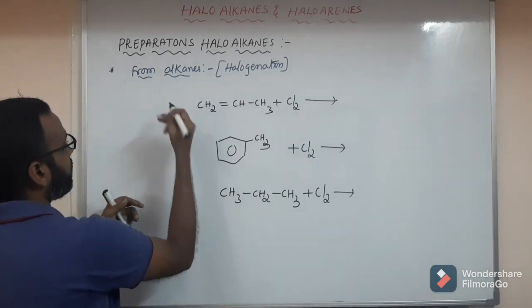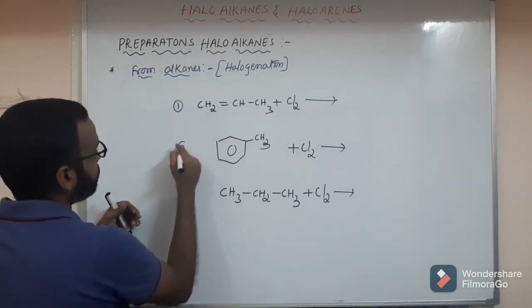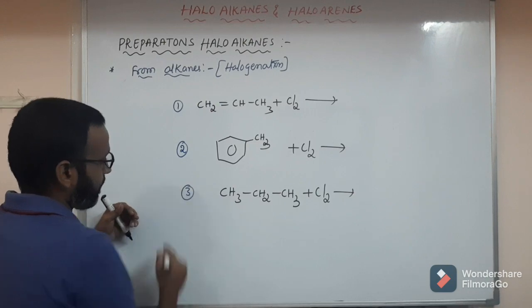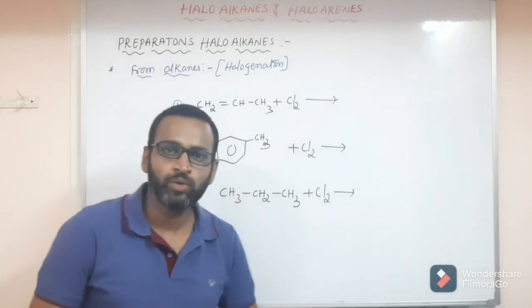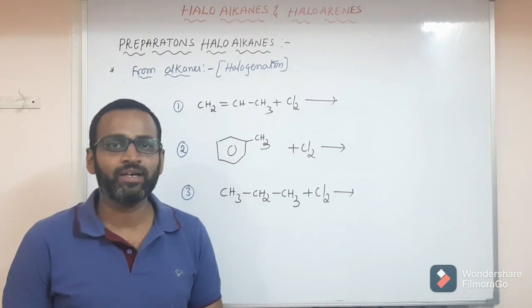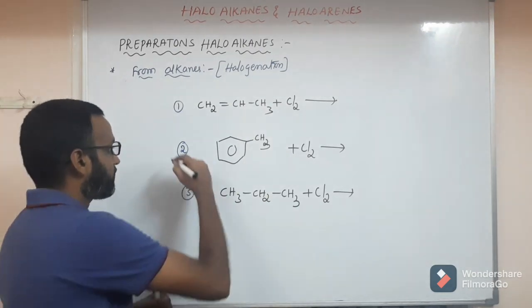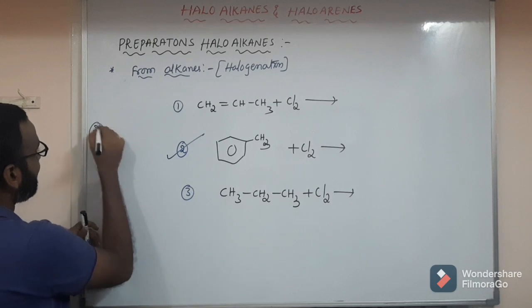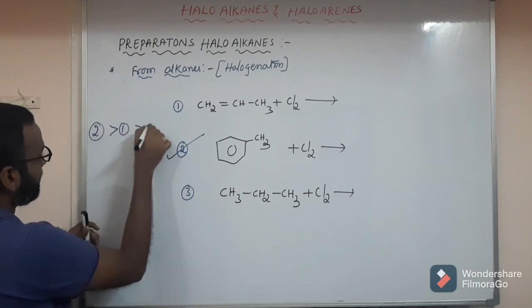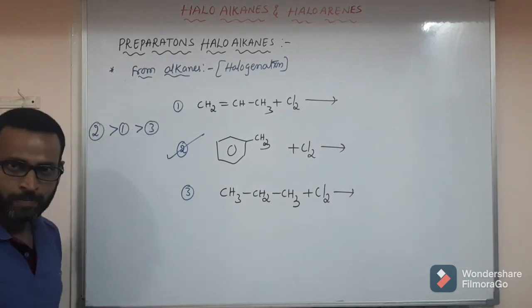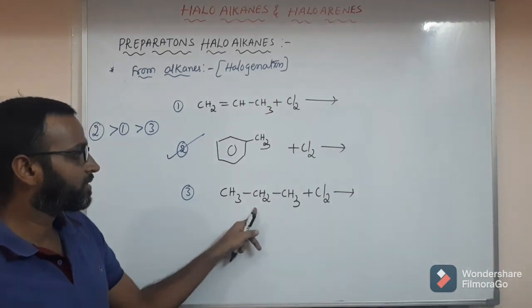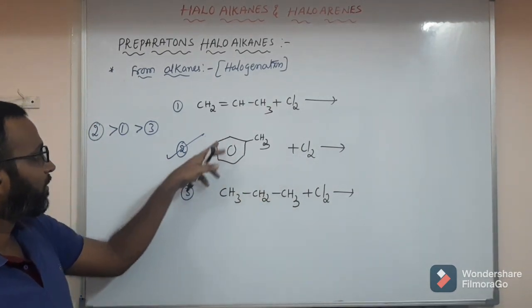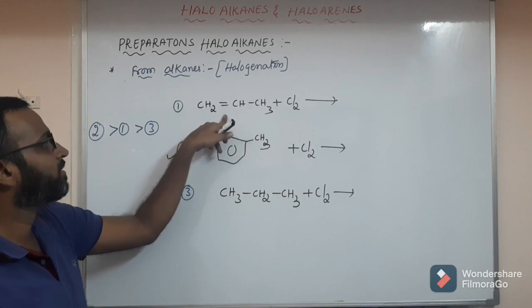This is number 1, this is number 2, and this is number 3. My question: who reacts fast among these with chlorine? The most reactive is second, then first, then last is 3. Propane is less reactive with chlorine when compared with toluene and this.